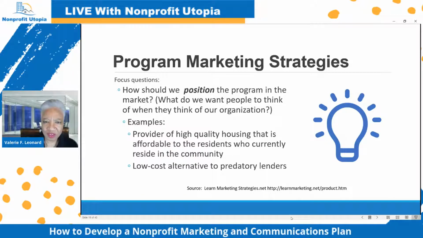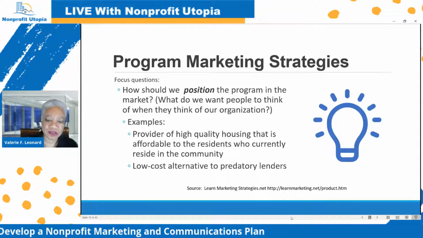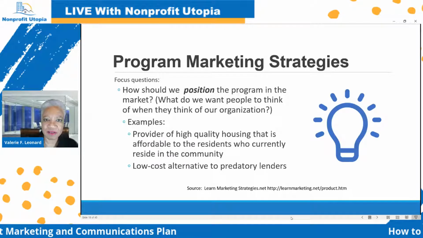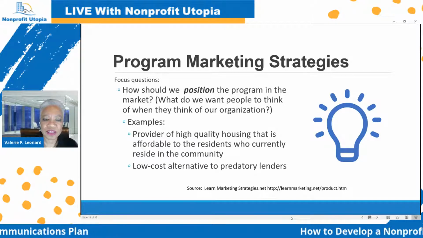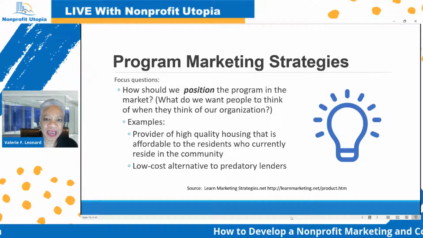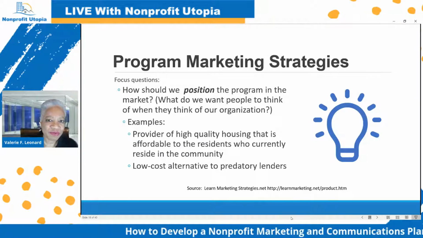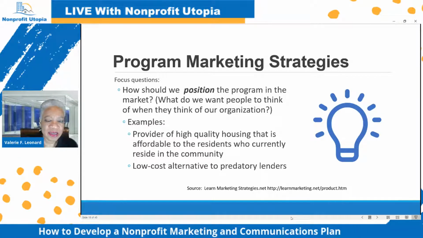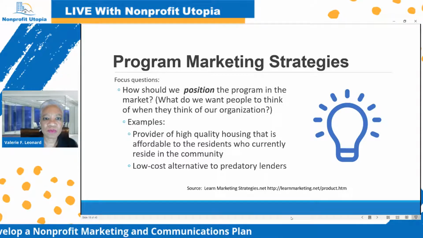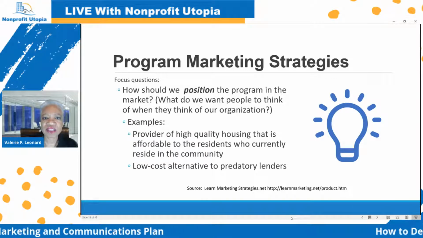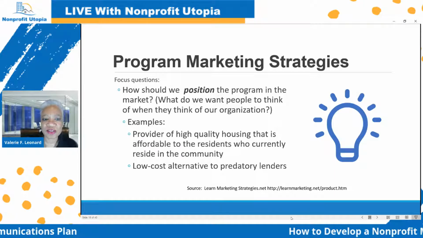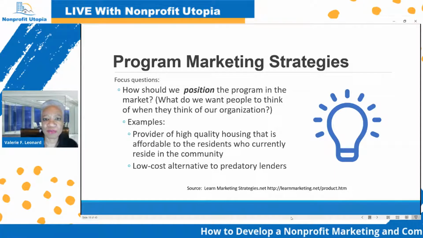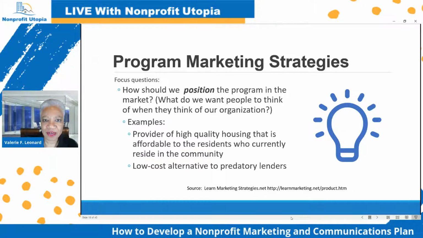It's also a way of shaping perception, the way that, ideally, your organization wants to be perceived. And you know that you're successful in your positioning if the people that you're targeting begin to parrot the messages that you have created without being prompted. All right.